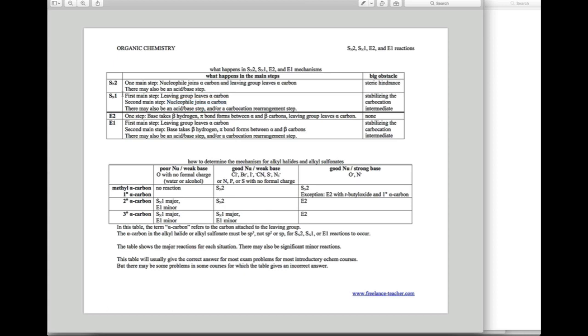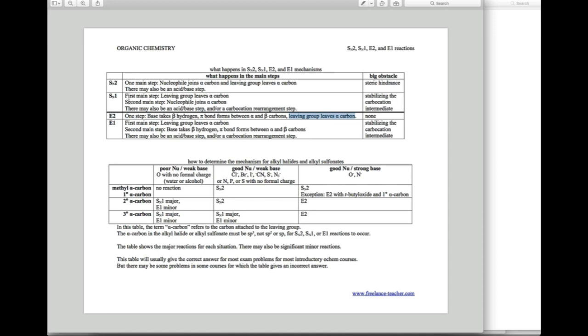But we have seen that SN1 reactions usually also contain a third acid-base step as well. And an E2 mechanism has one step, during which three things happen simultaneously. The base takes the beta hydrogen, a pi bond forms between alpha and beta carbons, and the leaving group leaves the alpha carbon. I hope it was easy for you to remember those details about these mechanisms.